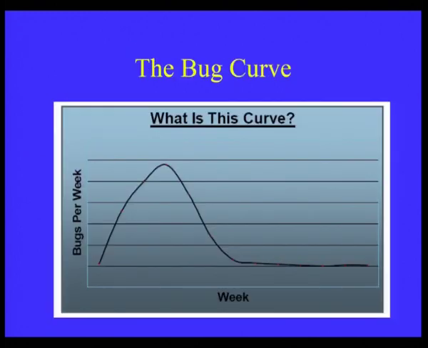What this curve shows is that as every week passes and we progress towards more and more weeks, the bugs we are looking at every week will lessen. So, you see how the bugs per week increase, that is the nature of software, but once we start controlling them, it remains very stable, very low as we progress into the weeks.